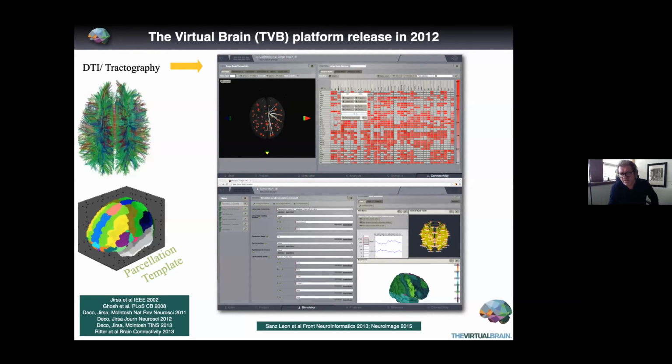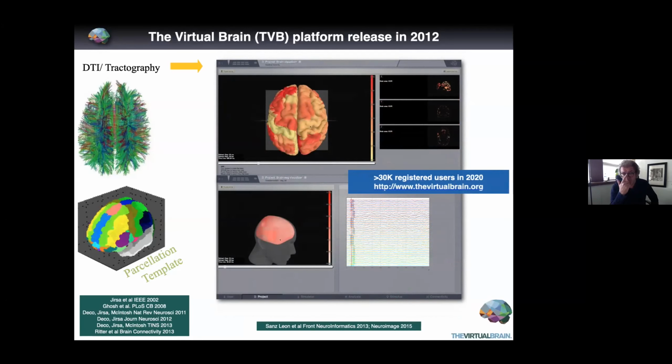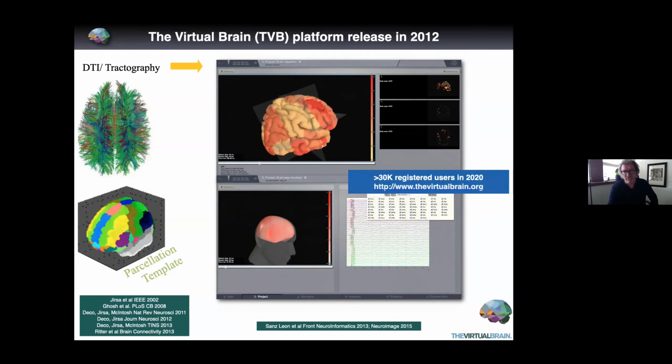TVB, The Virtual Brain, is model agnostic. We have a growing number of mean field models in there, the latest being Zerlaut and Destexhe, for instance. Then you can perform the simulations in the source space and also project directly onto EEG, as you see here.